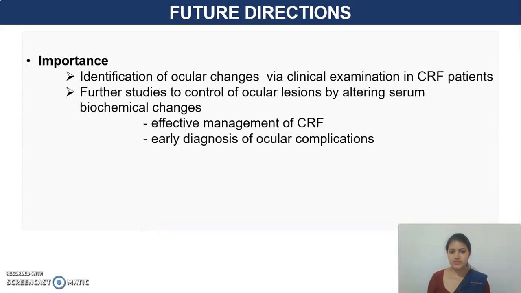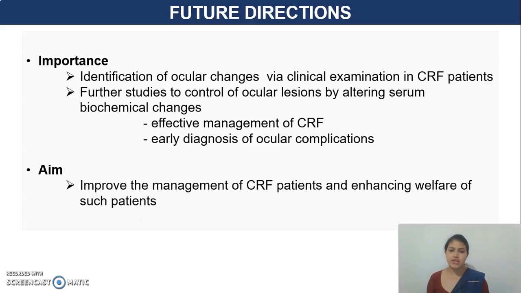Therefore, it is important to focus on clinical examination to assess the vision status of renal failure patients. Furthermore, we can control these eye conditions by effective management of renal failure, and it is necessary to diagnose these conditions much earlier to minimize the extrarenal impact on eyes. Thereby, we can improve the welfare of these renal failure patients in a much more effective way.